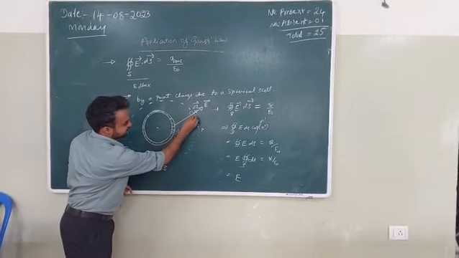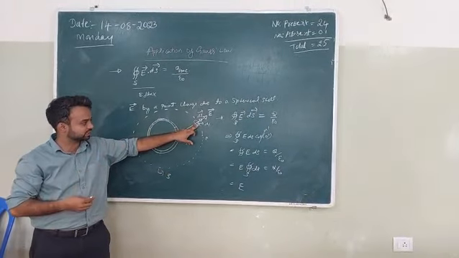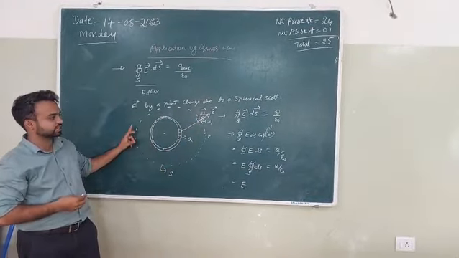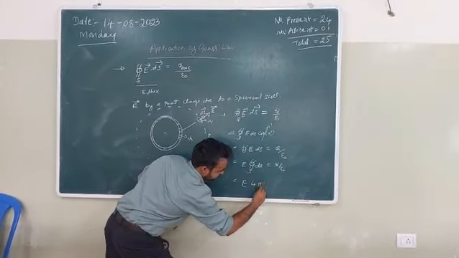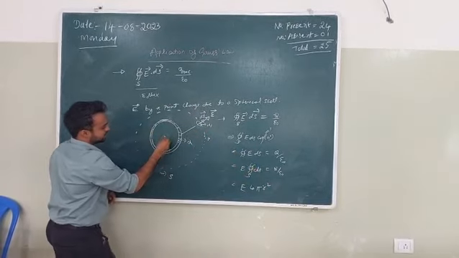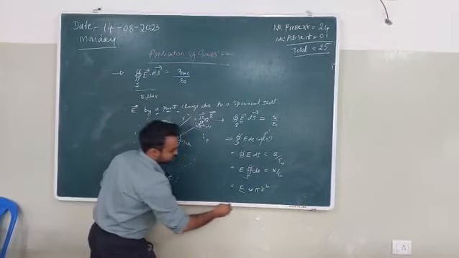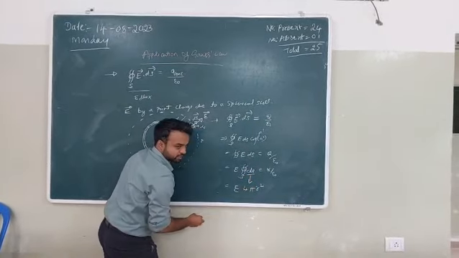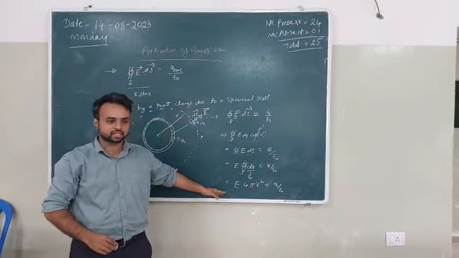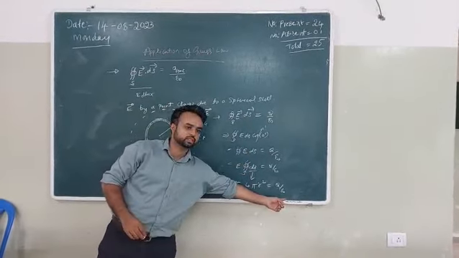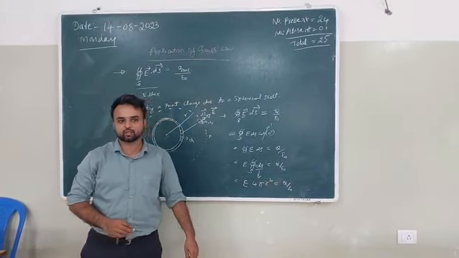Since this is ds, if I sum all the ds's, I get the surface area of the sphere. So this is E times the surface area of the sphere, which is 4 pi r squared, where small r is the radius of the Gaussian surface. This will be equal to Q by epsilon. Now from this we can find the electric field: E is equal to Q by 4 pi r squared times epsilon. Hope this is clear.